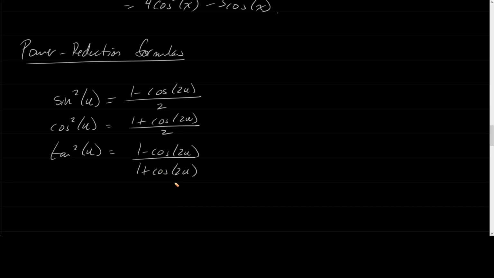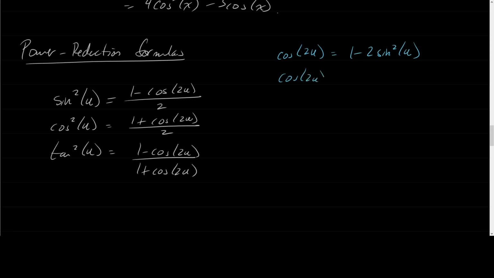All right, well, let me remind you that we had from earlier that cosine of 2u was equal to, well, actually, let's start with the sine one, 1 minus 2 sine squared of u. If I solve for sine squared, well, I can subtract 1 from both sides.